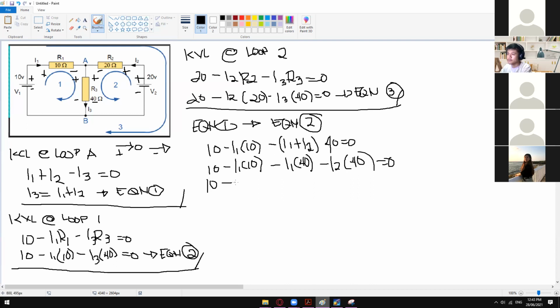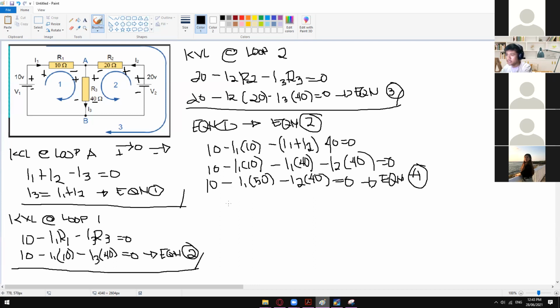We have minus I1 and minus I1 here, so negative 10 minus 40 is negative 50. So 50 times I1 minus I2 times 40 is equal to 0, and this is your equation number 4, the newly formed equation number 2.